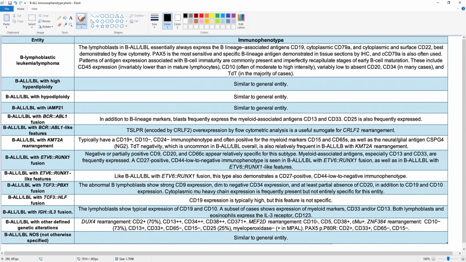As for B-ALL with IGH-IL3 fusion, the lymphoblasts show the typical expression of CD19 and CD10. However, a subset of cases can show expression of myeloid markers like CD33 and CD13, and both lymphoid blasts and eosinophils express the IL-3 receptor CD123.